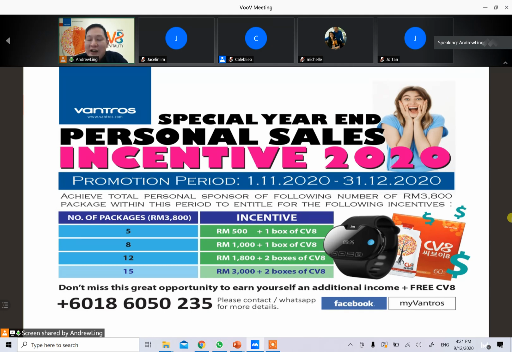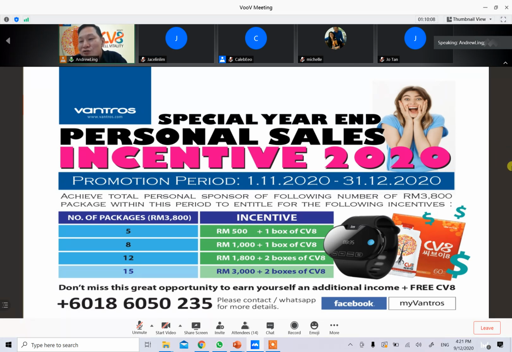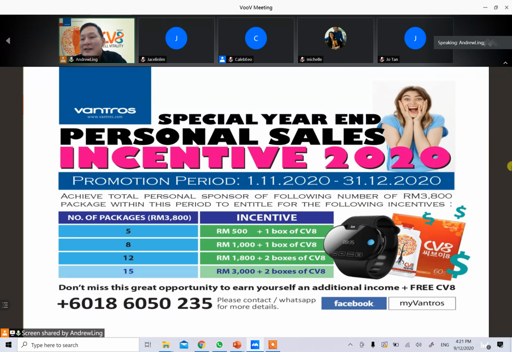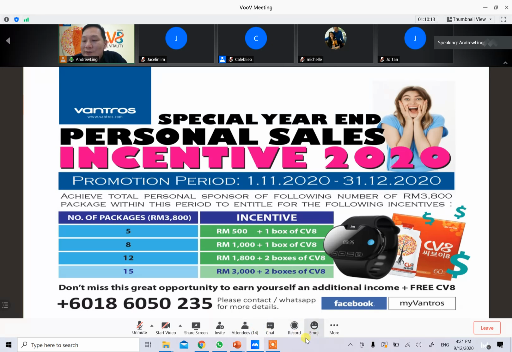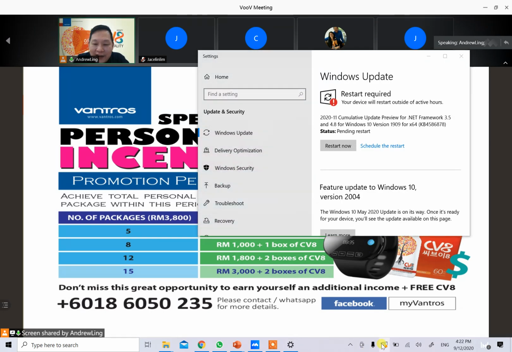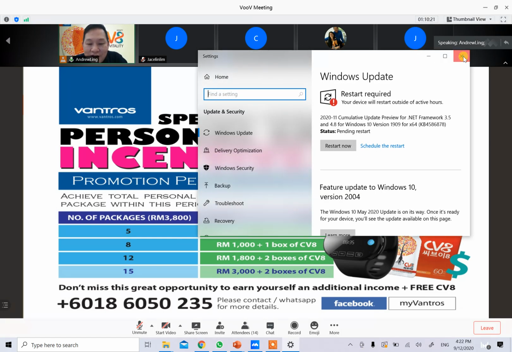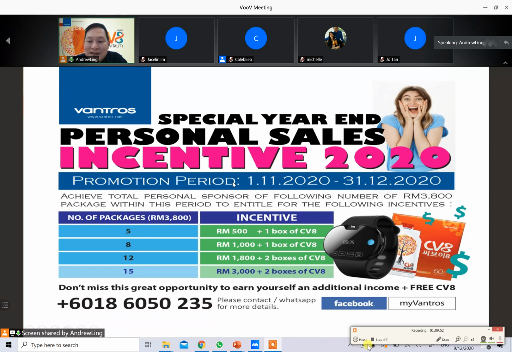During this period, if you introduce 5 packages of the 3008 package, as I mentioned just now, the 3008 package is either 1 IM laser, 1 set of CV8 or 1 set of CMC stem cell. If you introduce 5 in total, you will get an additional 500 ringgit plus 1 box within these 2 months.